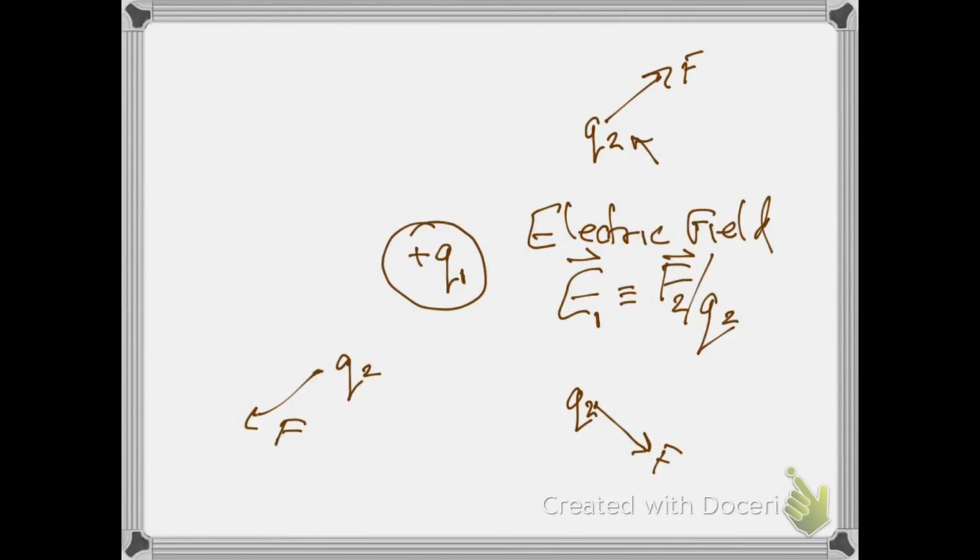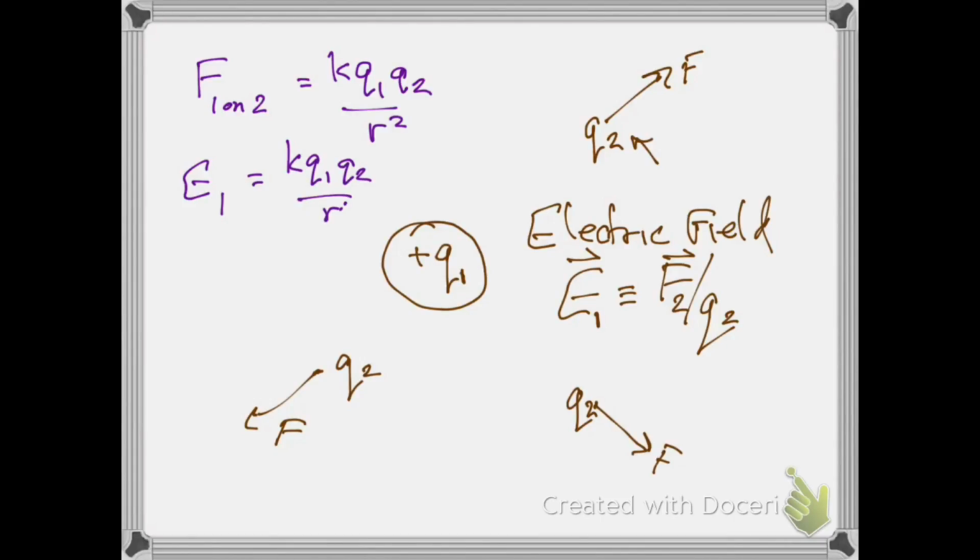So think about this. If I'm talking about the force on charge 2, that 1 on 2 is equal to k q1 q2 over r squared, then the field of 1 is equal to k q1 q2 over r squared divided by q2, and the electric field due to charge 1 is just k q1 over r squared.